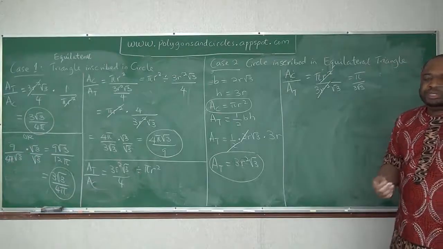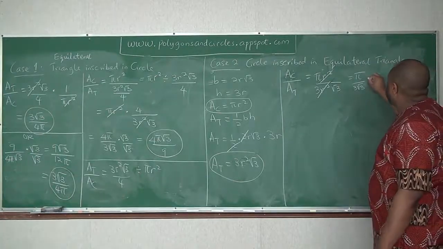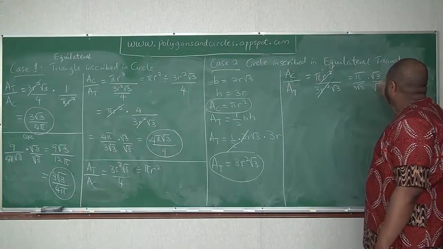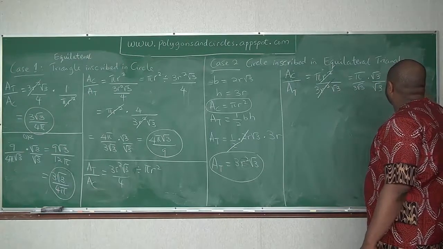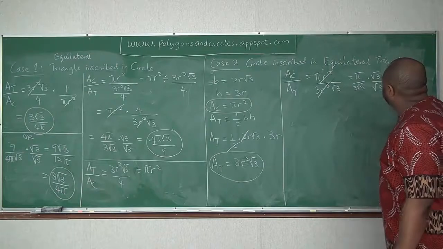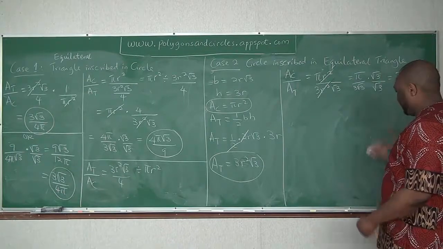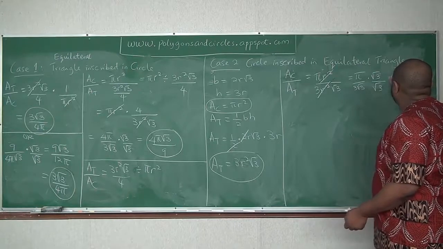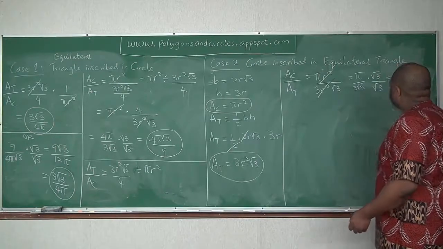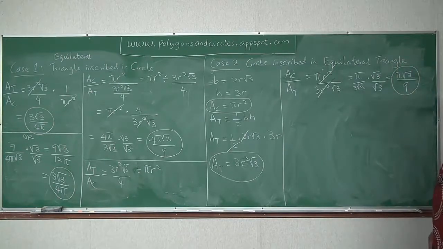And we need to rationalize, okay, times root 3 over root 3. And that will give us pi root 3 all over 3 times 3, 9, all over 9. And this becomes our answer, pi root 3 over 9.